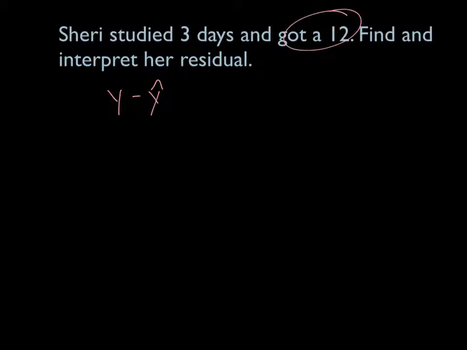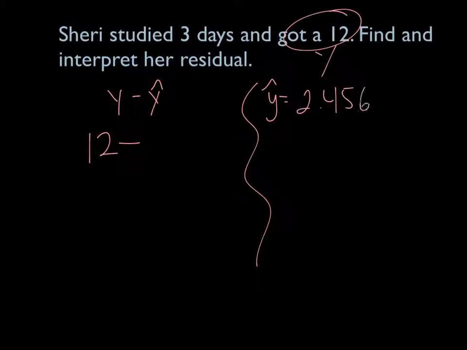That's the y value, her test score that she actually got. So that's going to go right here where the y is. The problem is we don't know what her prediction is right now. So in order to get that, we need the least squares regression line. And if you recall, the least squares regression line was y hat equals 2.456 times the number of days studied, plus 3.298.